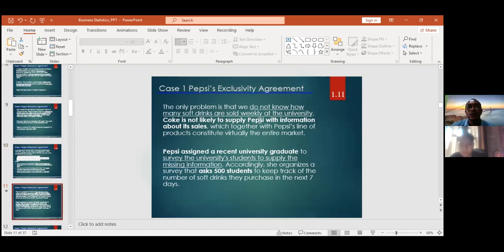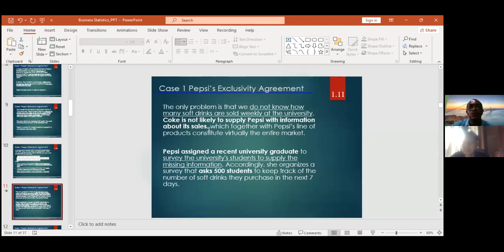Although Pepsi wants to take the agreement, Pepsi must also be careful of Coca-Cola, because Coca-Cola is also a very strong competitor. But it doesn't have enough information about Coca-Cola, and Coca-Cola will not give the information. Together, it is the combination of the sales of Pepsi and Coca-Cola that make up the largest share of soft drink sales in the university.